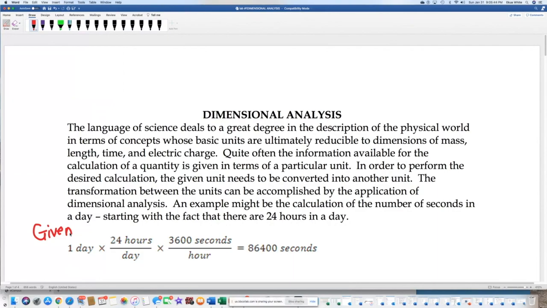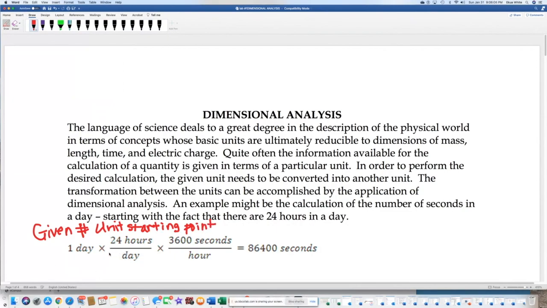The number is important, but the unit tells you what to do. So the given number and unit is the starting point. When you read a question, you're looking for that starting point. How do I start? Or where do I start? And the starting point usually goes with that unit, right?